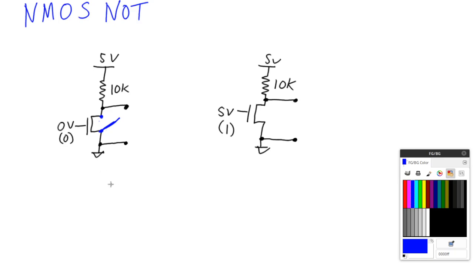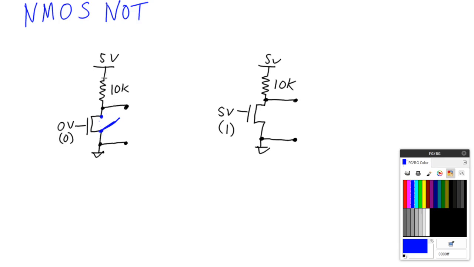This is not exactly the best way to think about it, but it's the way I always think about it, and it works for me. It's kind of this signal flow idea, where if ground were to try and get to this point, ground wouldn't be able to get there because there's this open circuit here.